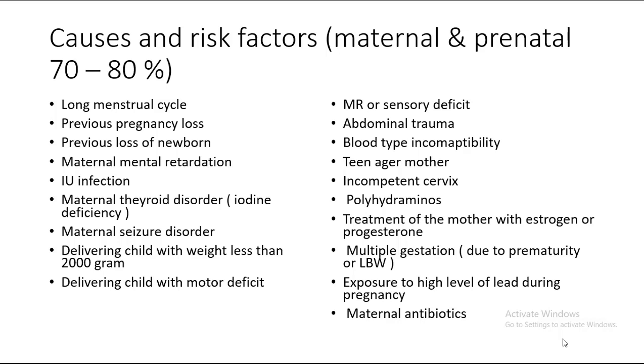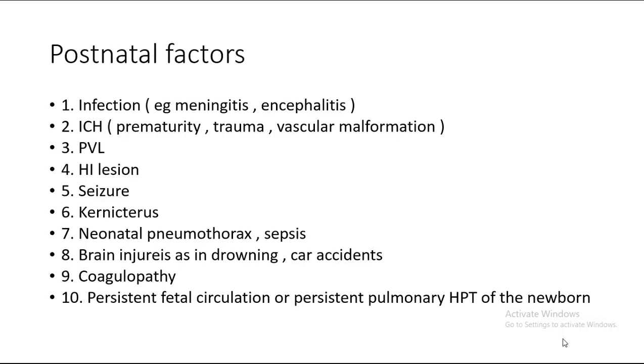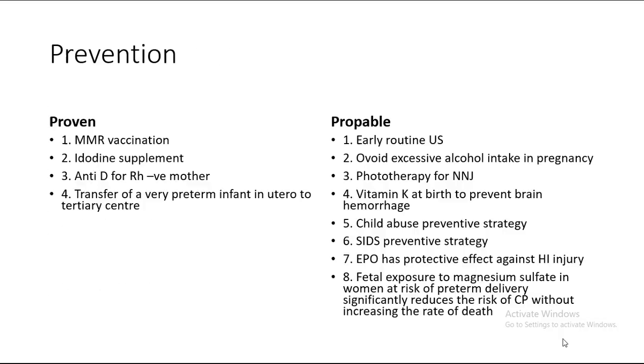There are many causes and risk factors, but we have to remember that the maternal and prenatal causes account for 70 to 80% of the cases of cerebral palsy. Perinatal accounts for about 10%, and the rest are postnatal factors. Can we prevent cerebral palsy? Well, there are many suggestions and many studies.